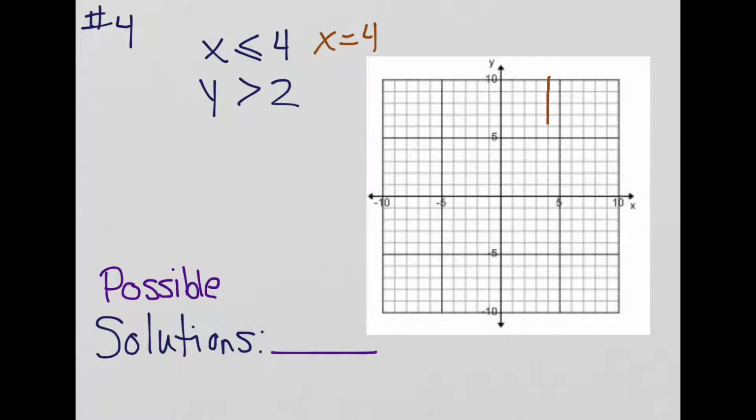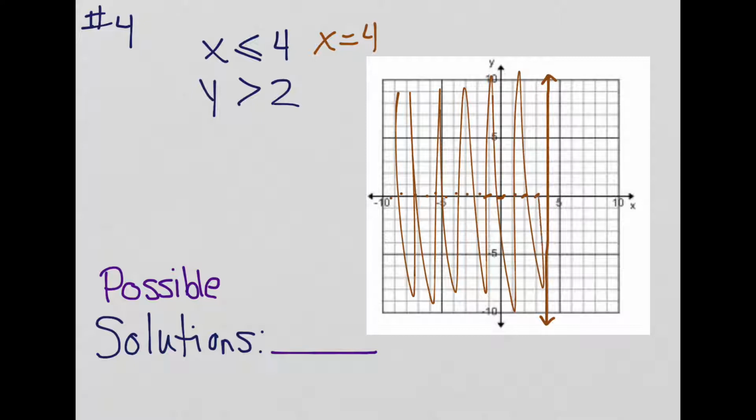That means it's going to be this vertical line right here. And it is a solid line because it's less than or equal to. Well, what's a number less than or equal to 4? How about 3 or 2 or 1 or 0? All these places over here are less than 4. And so the shading on that is going to be all these numbers less than 4.